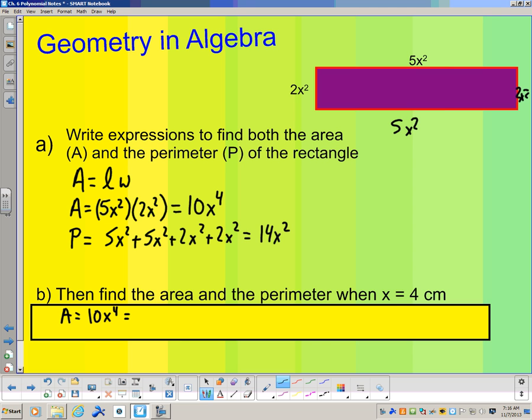And we're told here that x is now equal to 4 in part B. So I can just substitute 4 in there for the x. So when I do that, I can take 10 times 4 to the 4th, and getting 2,560.